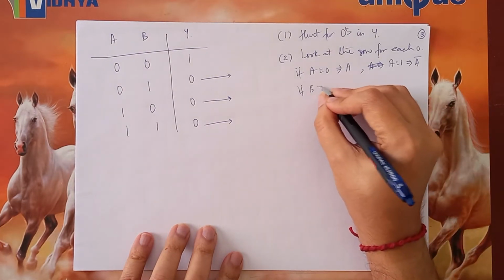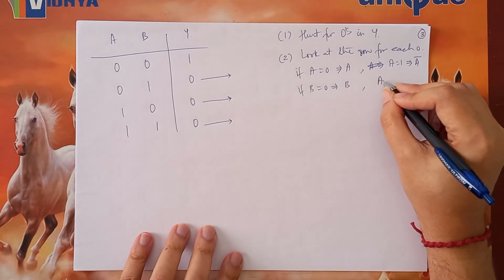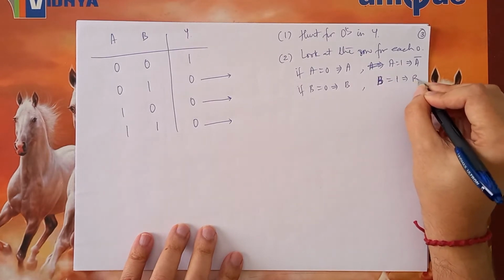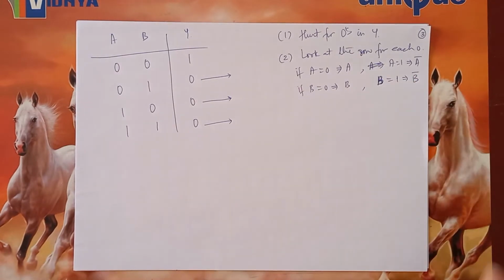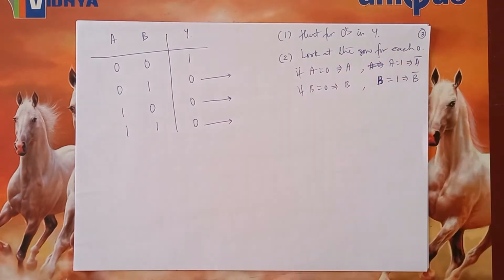Likewise, if B equals 0, it is only B. And if B equals 1, then it is B bar. Notice it is just the opposite of the technique we saw where we were hunting for ones. Over there, if A equal to 0, that was A bar. And A equal to 1 was A.